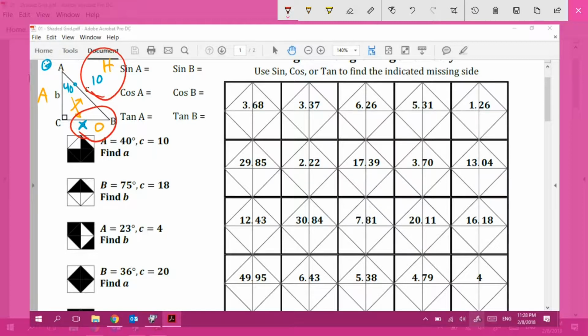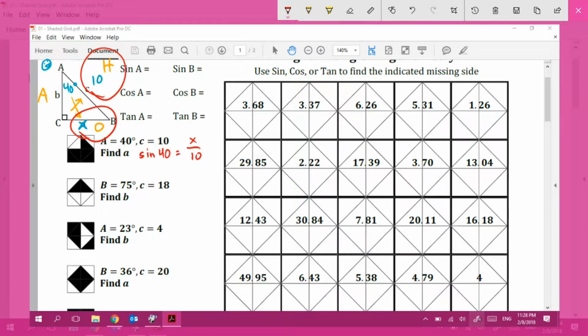So we're going to write sine of 40, because that is the degrees they gave us, equals the opposite, X, over the hypotenuse, 10.